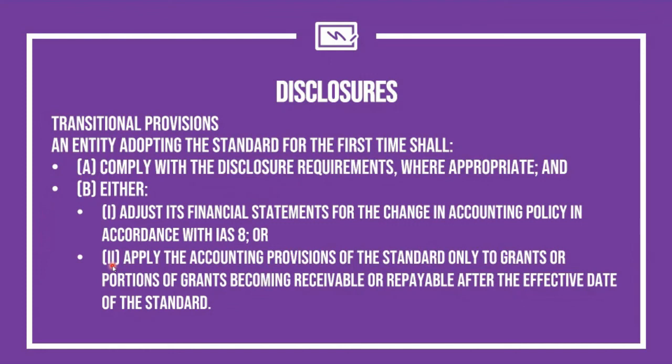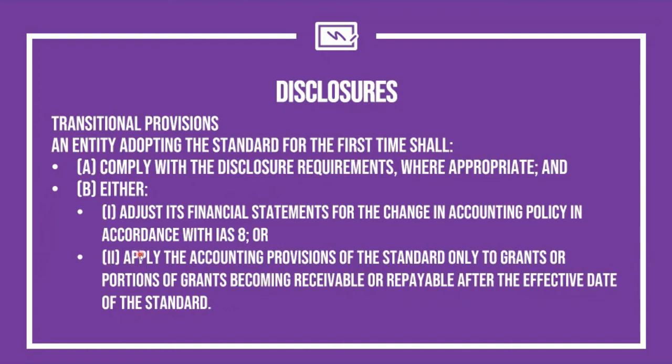In fact, this has been a very old standard, and there are very minimal revisions to this particular standard. So the thing that you're going to do is, of course, apply the provisions of the standard in transactions from the time that you have government grant transactions.